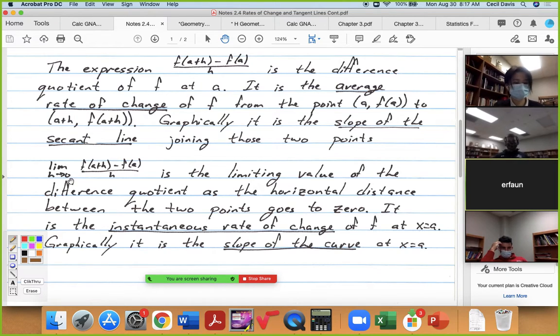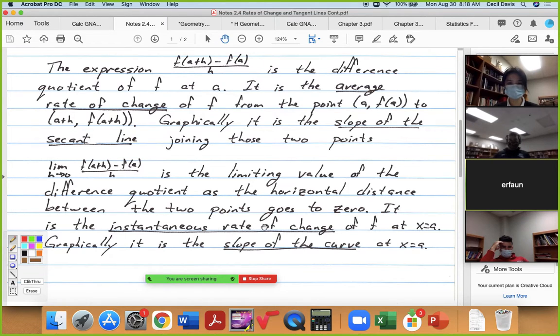If we take the limit as h goes to 0 of f of a plus h minus f of a over h, like we did in the last problem, it's the limiting value of the difference quotient as the horizontal distance between the 2 points goes to 0. It gives you the instantaneous rate of change of f at x equals a.